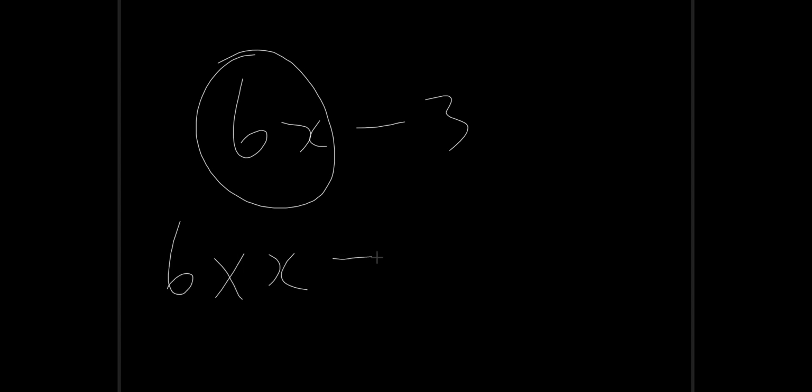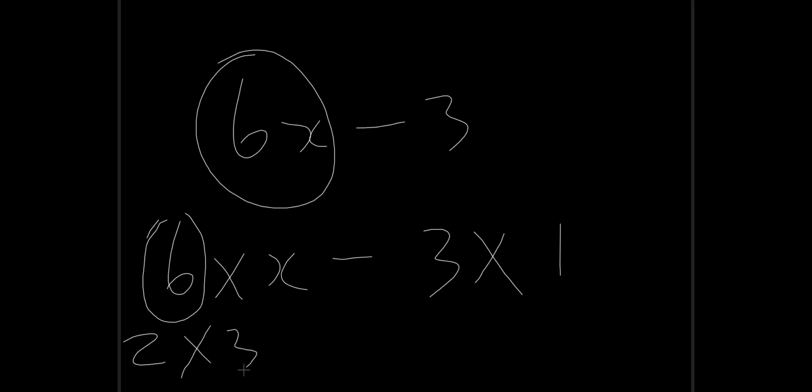And if we look at this one, we'll have 3 times 1. But the thing is that we could actually break this down a little further. We could say 2 times 3 times x minus 3 times 1.